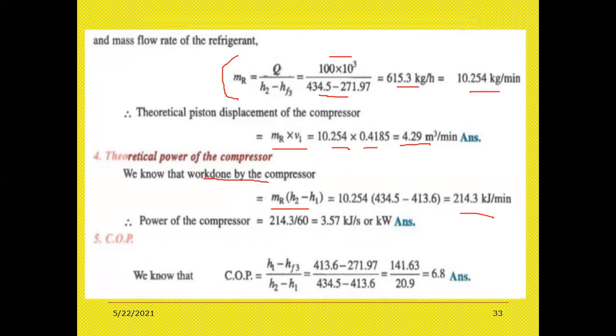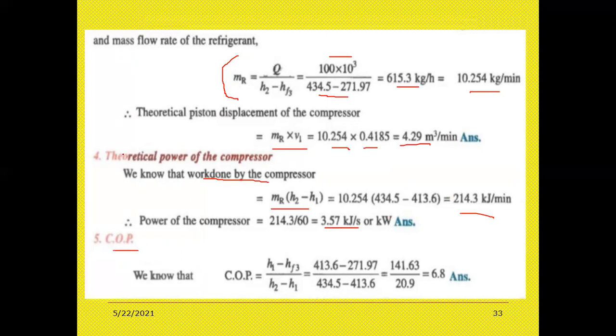Therefore the power of the compressor is equal to the work done per second, that is 3.57 kilojoules per second.